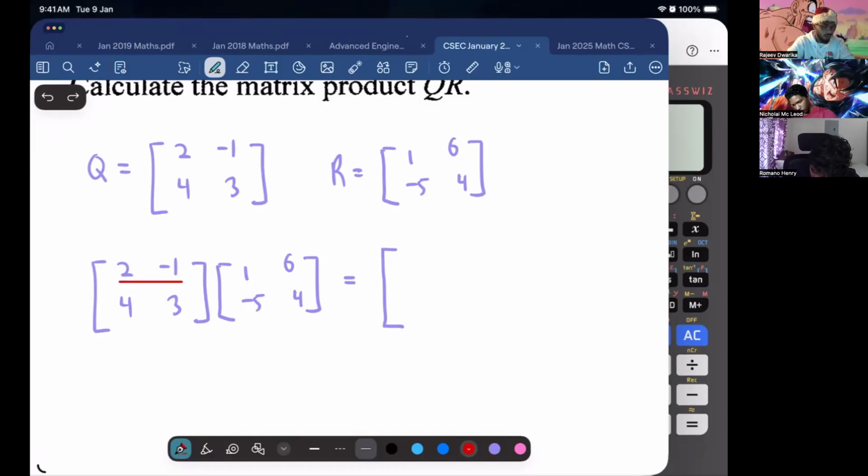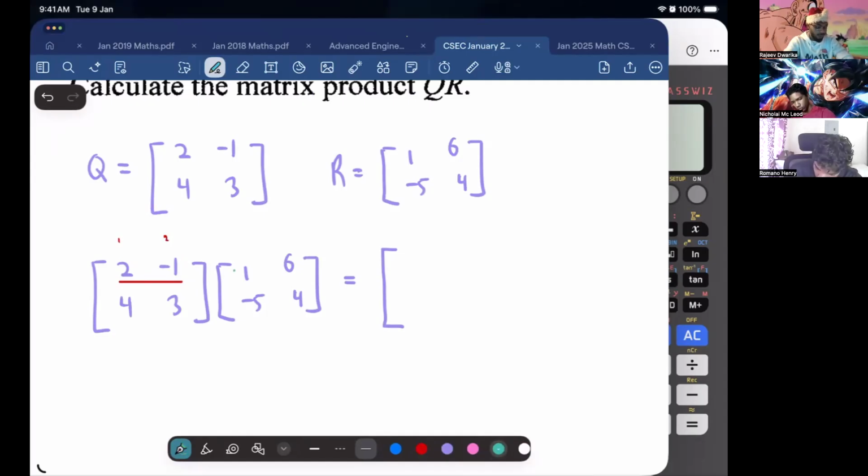What is the first element in that row? 2. What's the second element? Negative 1. And when you're doing matrix multiplication, it's row by column.